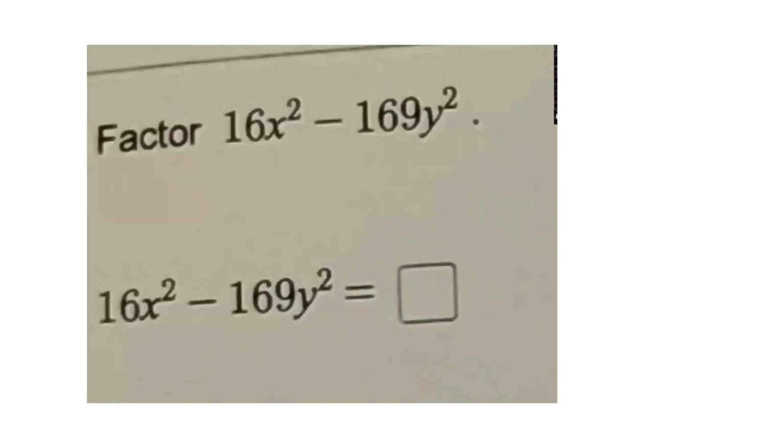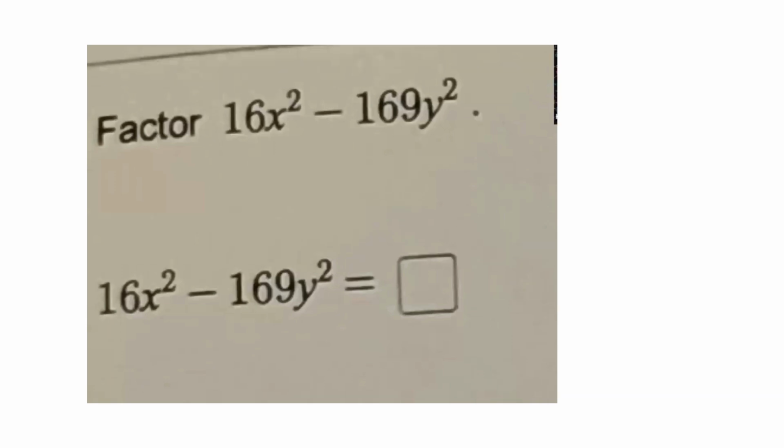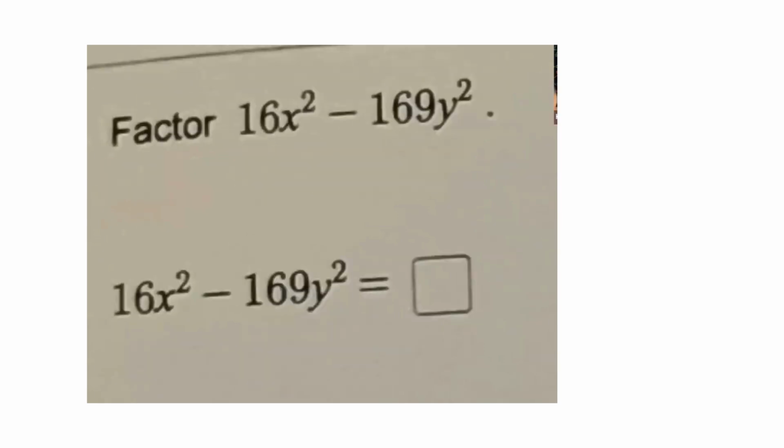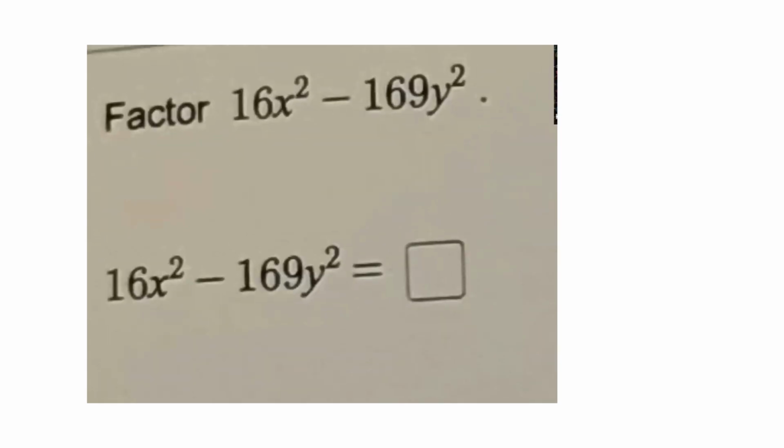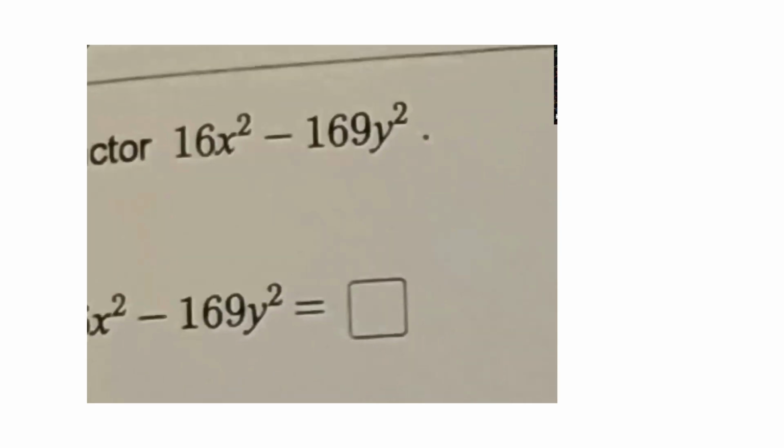Okay, so this time they both have coefficients. Both perfect squares. So first, we're going to find the square root of those coefficients. So find the square root of 16 and then find the square root of 169.